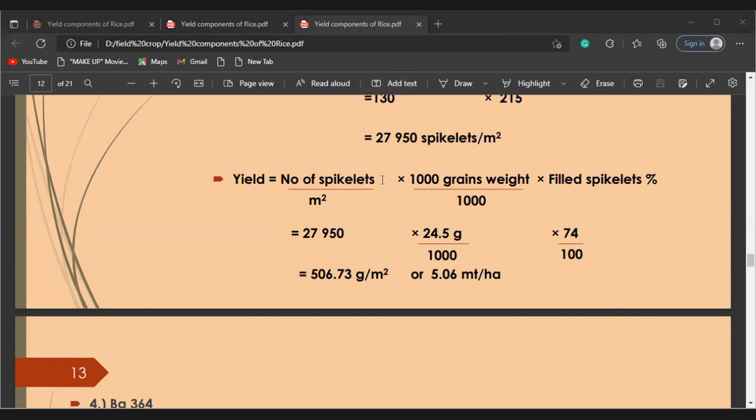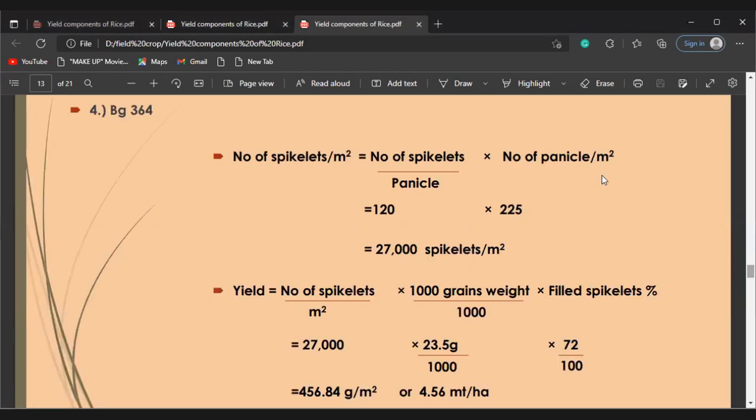Then, for the next variety, BG 364. What is the yield? Yes, correct. So if it is 456.843, you can cut the 3 and convert it into .84.